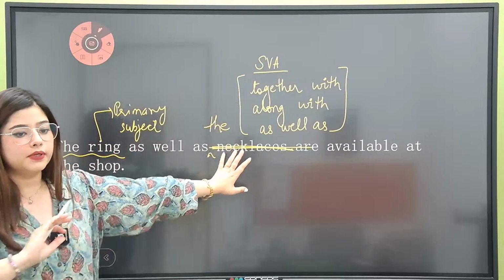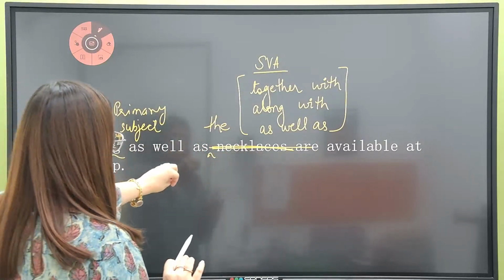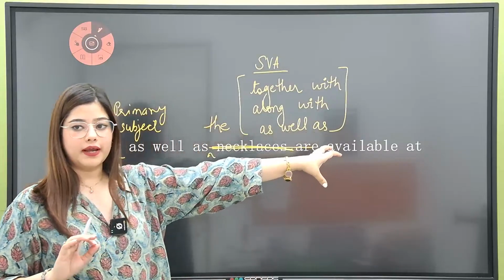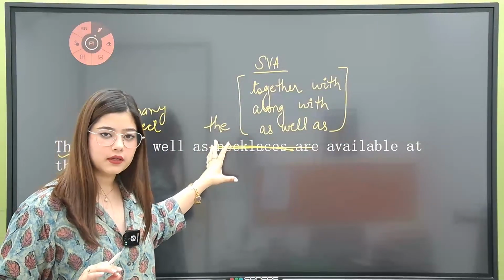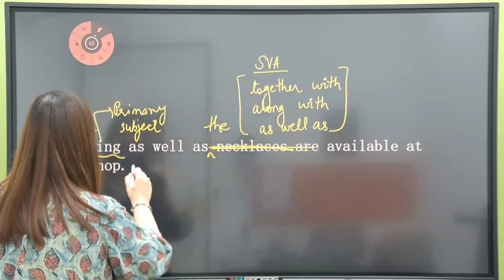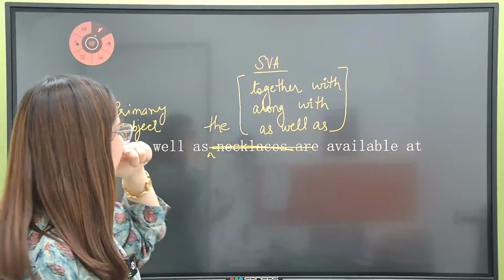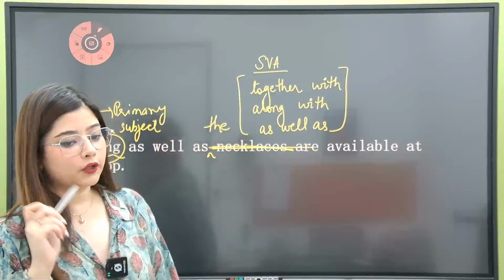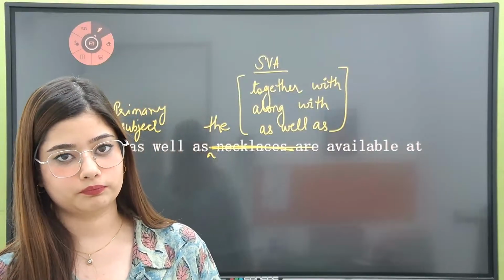It could be a singular subject, it could be a plural subject. It doesn't matter. My primary subject here is singular, the ring. We are talking about one ring. So the verb that we are going to use is also going to be a singular verb form.